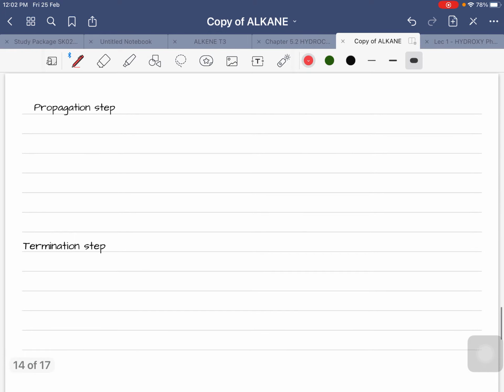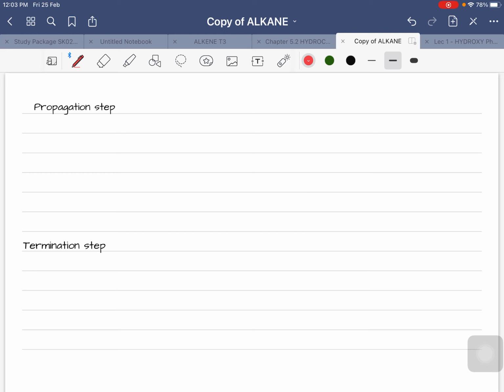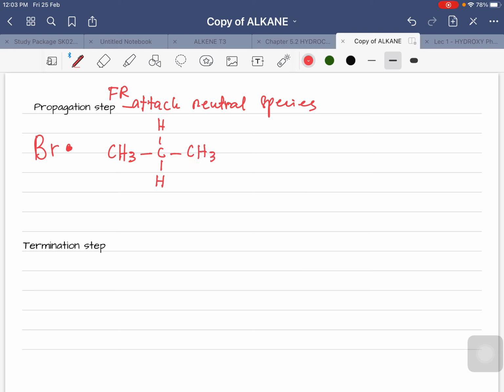Next, the bromine radical is very reactive. What does it do? It will attack the neutral species. The keyword for propagation is free radical attacks neutral species, such as the alkane. Since we want to substitute the hydrogen on the second carbon, we expand the second carbon part. The bromine attacks and causes the carbon-hydrogen bond to break.